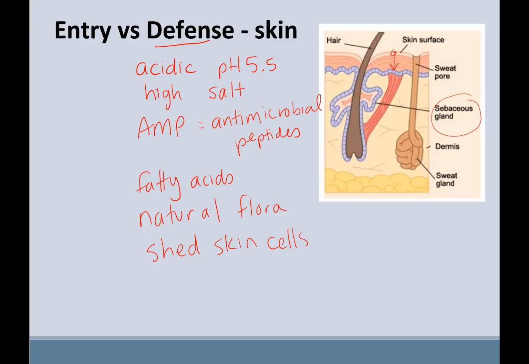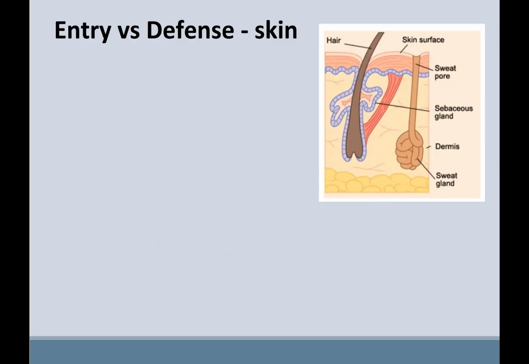We do have some weaknesses, and that's basically anywhere that the skin barrier is broken. So for instance, hair follicles. Let's try to spell this right. So that's an opening in your skin where pathogens can get in and potentially start replicating or get access to other places.